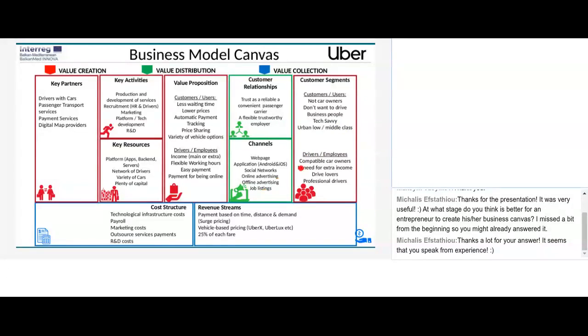They must be compatible car owners in need of extra income or who love driving, and some of them might even be professional drivers. Do not get confused why drivers or employees are in the customer segments: it is because the company Uber provides value to them as well as to the customers. But you will see that they're also included in the key partners.